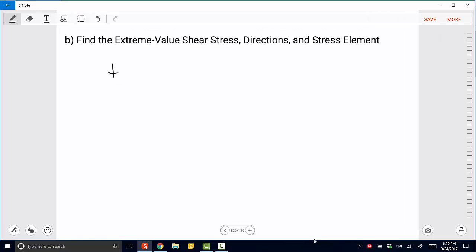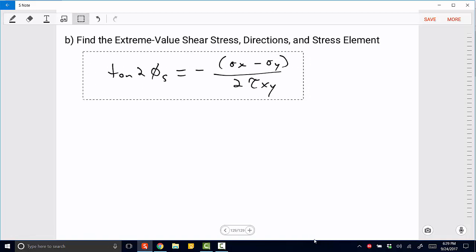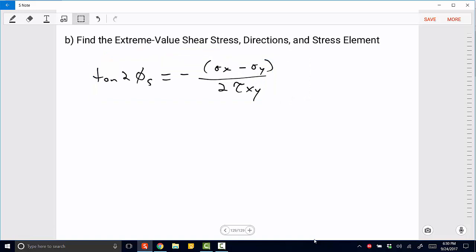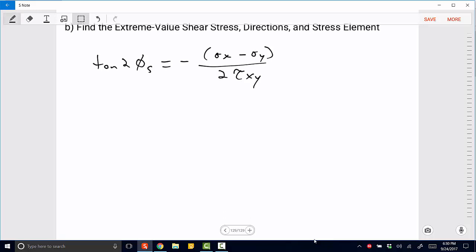And let's start with tan 2 phi s being equal to negative sigma x minus sigma y divided by 2 tau xy. Right? The equation for finding the directions. If we look on the right-hand side, we know everything. And the left-hand side, the only thing we don't know is phi s. So let's rearrange and find phi s being equal to 1 over 2 tan inverse.